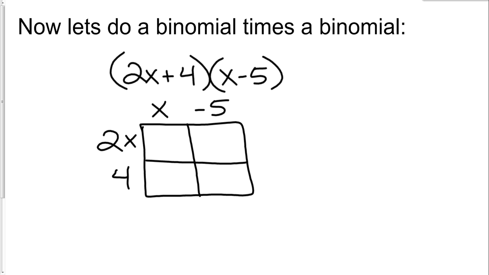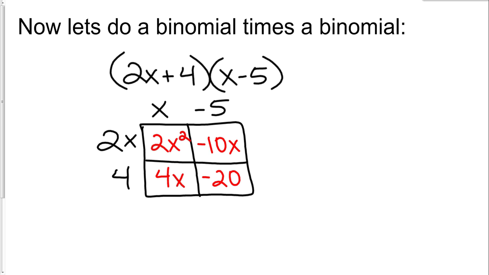So here we've got 4 boxes, and we can do our multiplication. 2x times x gives us 2x squared. 2x times negative 5 gives us negative 10x. 4 times x gives us 4x, and 4 times negative 5 gives us negative 20.